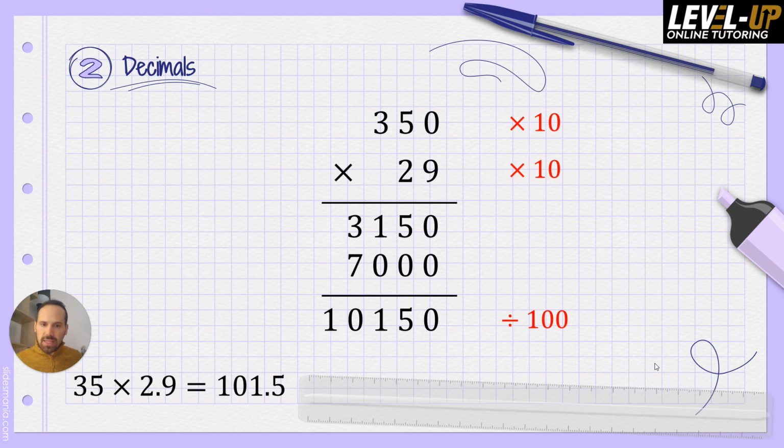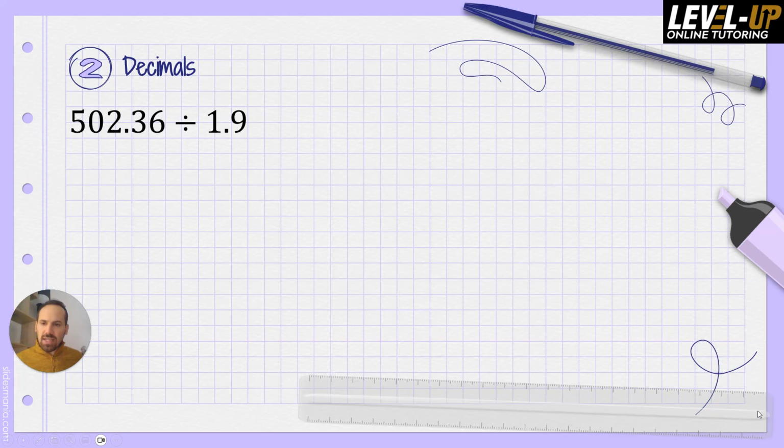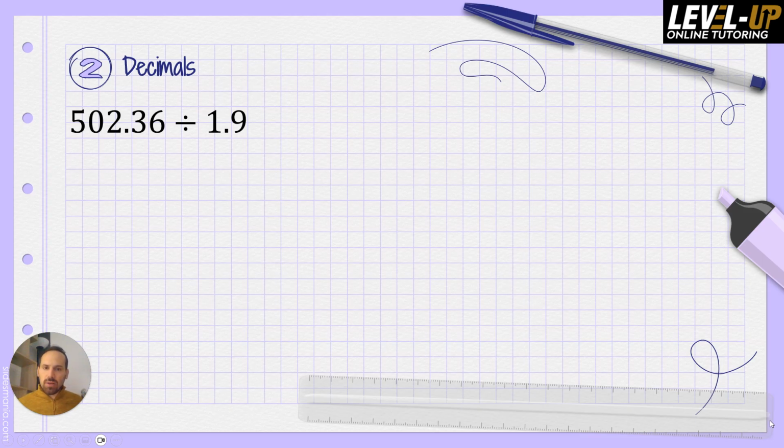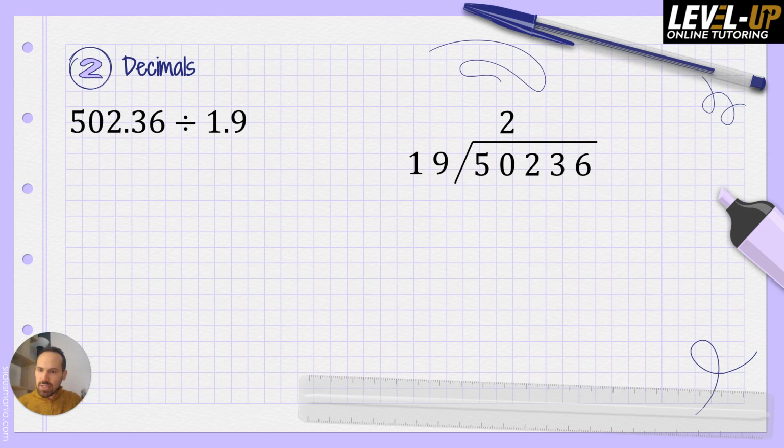So let's try that with a division quickly as well. So we've got this one, 502.36 divided by 1.9. We can do that division in the same way we did before, but you see we've got a 2-digit number this time, but it works the same way. So we try and do 50 divided by 19, which gets 2, with remainder 12, because we can't do 5 divided by 19. That 12 we can't divide by 19, so we bring down the 2 and do 122 divided by 19, which gets us 6, with a remainder of 8.